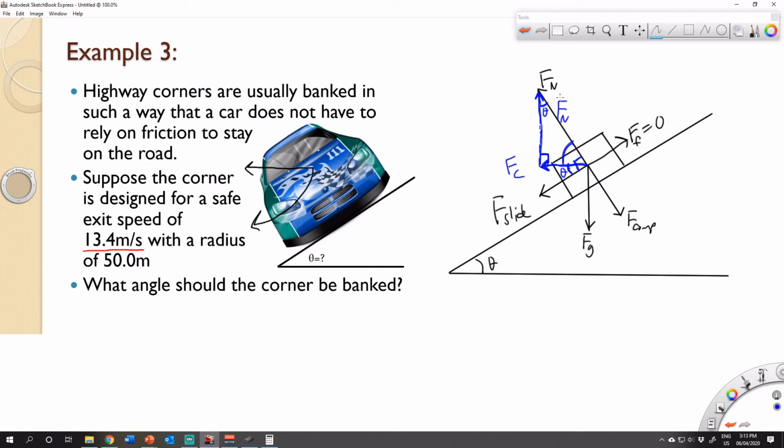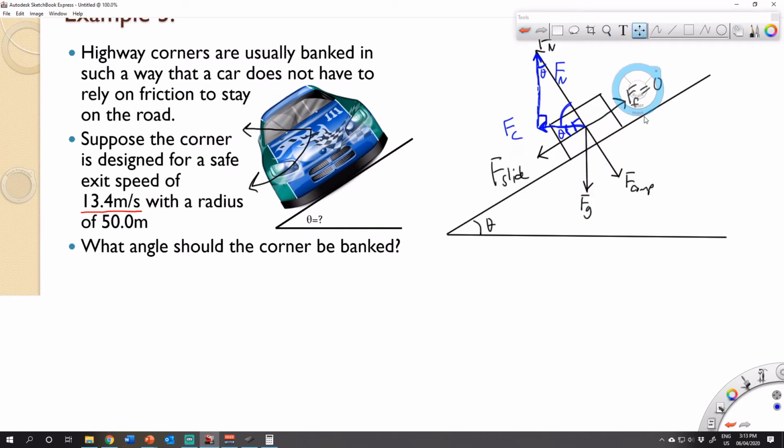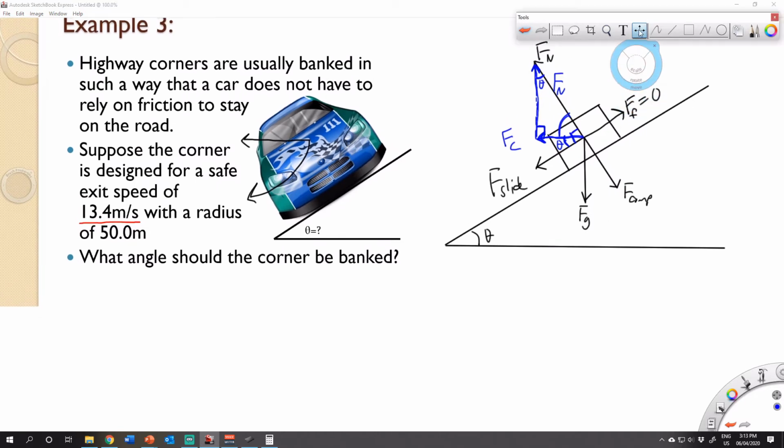All right, now we've got that taken care of. Now I have to figure out a couple of things. We want to know what the angle is, so in order to know the angle, we need to know what FC happens to be. FC has to be mv squared over r. That's the information we're given.